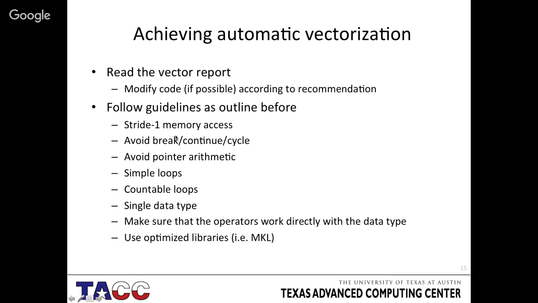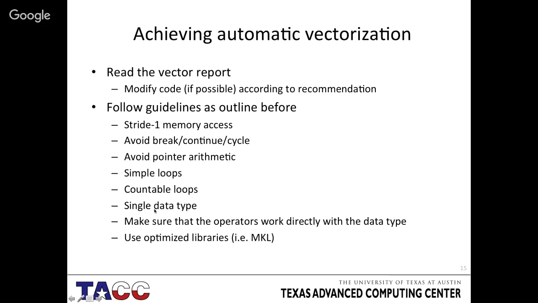Okay, so the things for achieving automatic vectorization: have a stride of one through memory, avoid breaks, cycles, and continue statements within the loop, avoid pointer arithmetic, keep the loop simple, while loops aren't going to vectorize, and use a single data type in there.